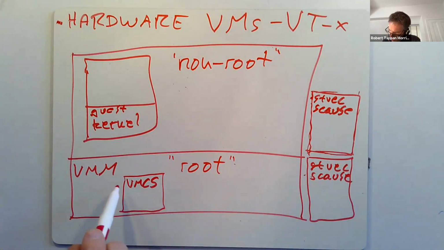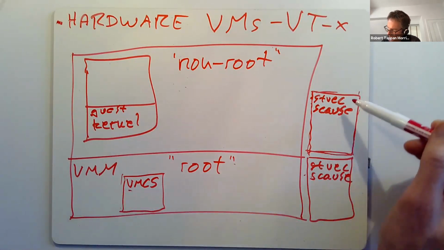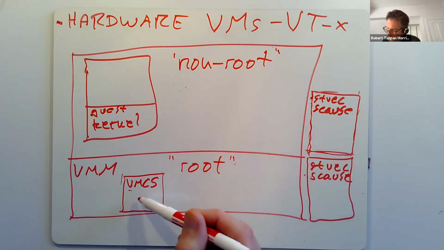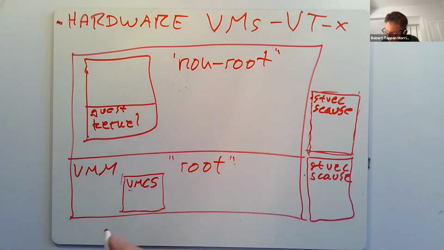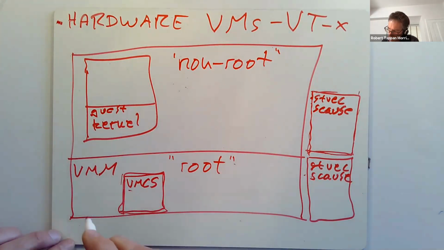And when the virtual machine monitor wants to create a new virtual machine, it creates one of these in memory and fills in a bunch of configuration flags and also initial values for all these registers, and then tells the VTX hardware, look, I want to start running a new virtual machine, and here's the initial state.